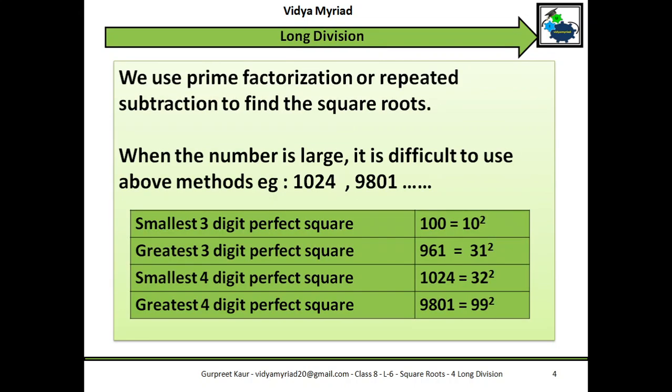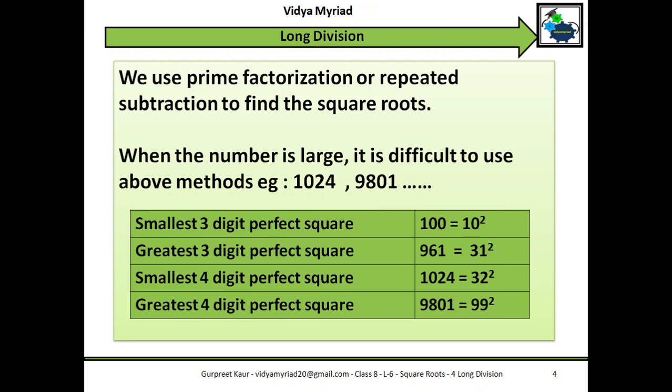Okay. Now, generally in the last video we have done prime factorization, where you have noticed the numbers are usually small. It is easy to do the prime factorization. But when your numbers become big, large, then it is difficult to do the prime factorization. Like you have 1024 or 9801, they are big numbers.